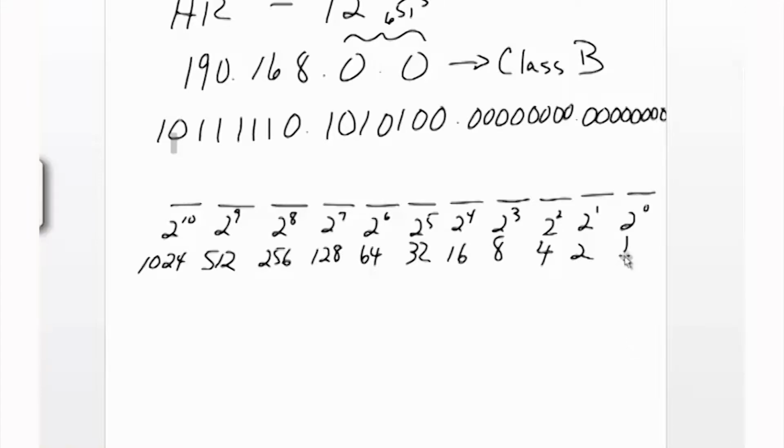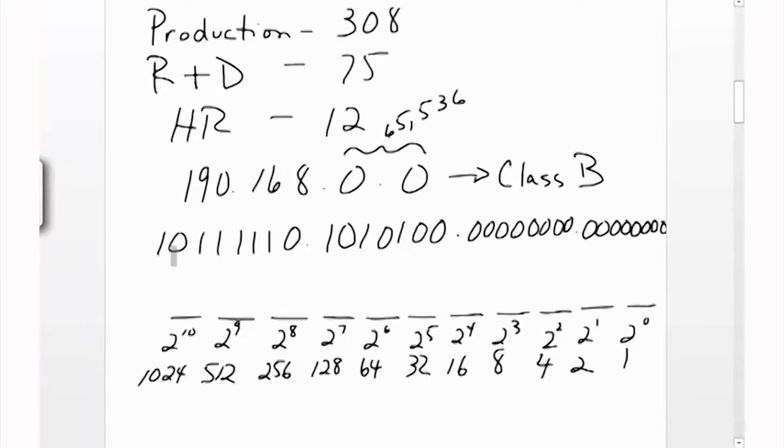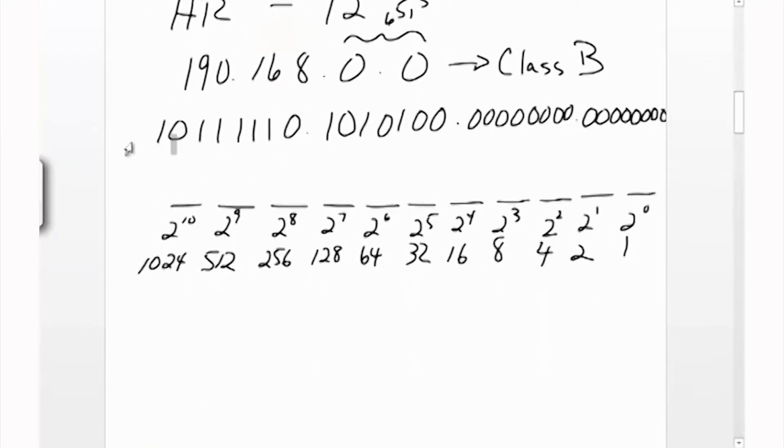If we back up here a second, we realize we only need 308 host bits, and that falls right here in this 512 range. Now that's too many, but that's okay. We want to leave room for growth anyway because we're trying to be efficient. So there's 512 hosts there.